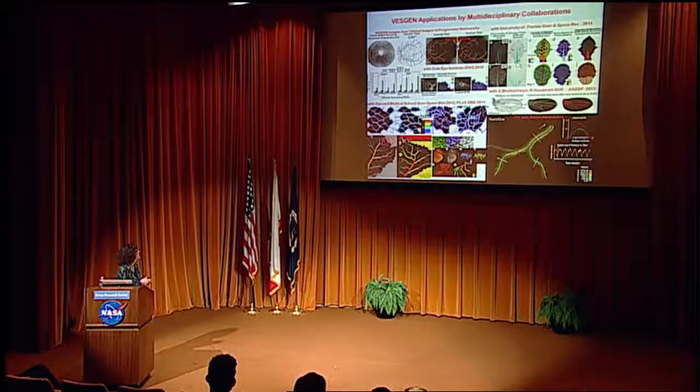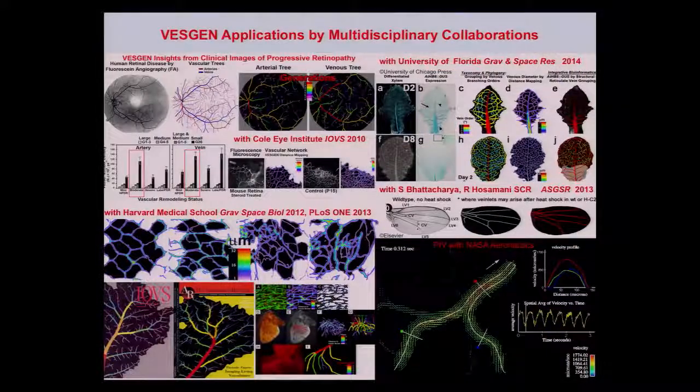Other systems we have applied the VestGen approach to include gastrointestinal inflammation, venation patterning in the leaves of higher land plants, venation in the wings of the fruit fly, Drosophila melanogaster, which are a very important genetic model for drug discovery, and even to some extent in intravital blood flow.